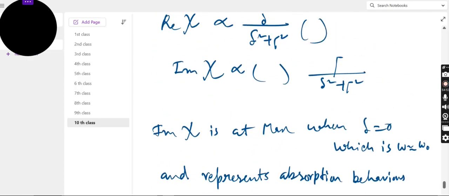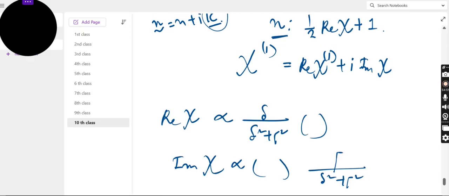So, one thing here: the susceptibility is constituted of the real part and the imaginary part. And when you see the imaginary part and real part, what do you see?